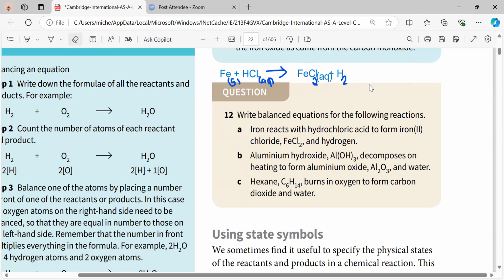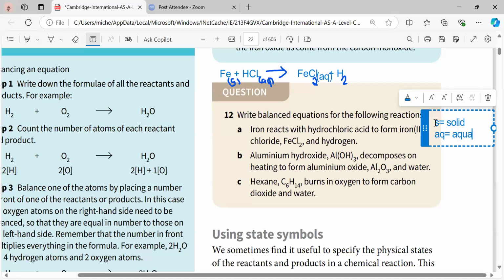Usually you don't really have to memorize this, but when we are trying to write this kind of equation, there are usually these kinds of symbols. I'm going to write it down. S is for solid. And then we also have AQ, meaning aqueous, which is liquid form.